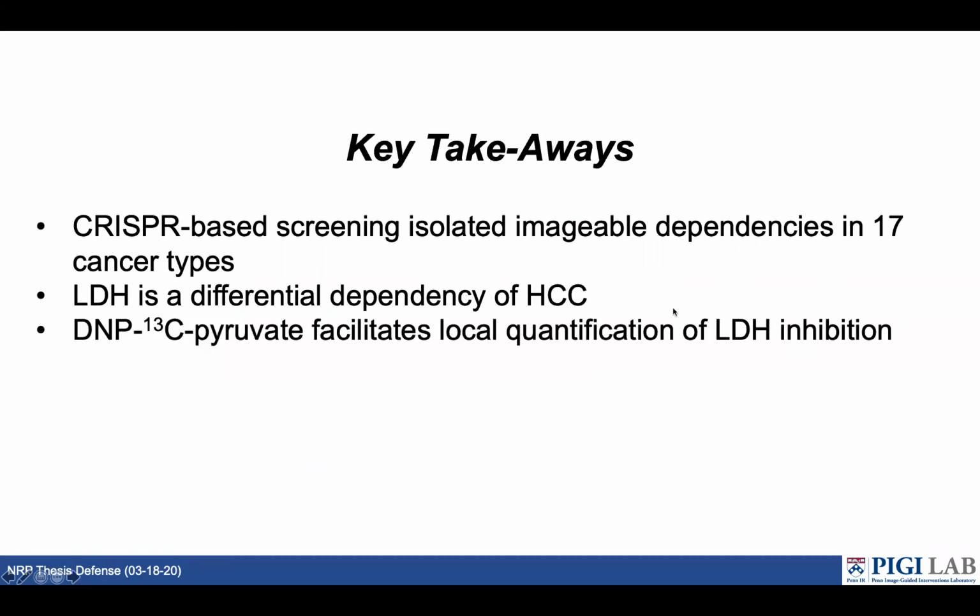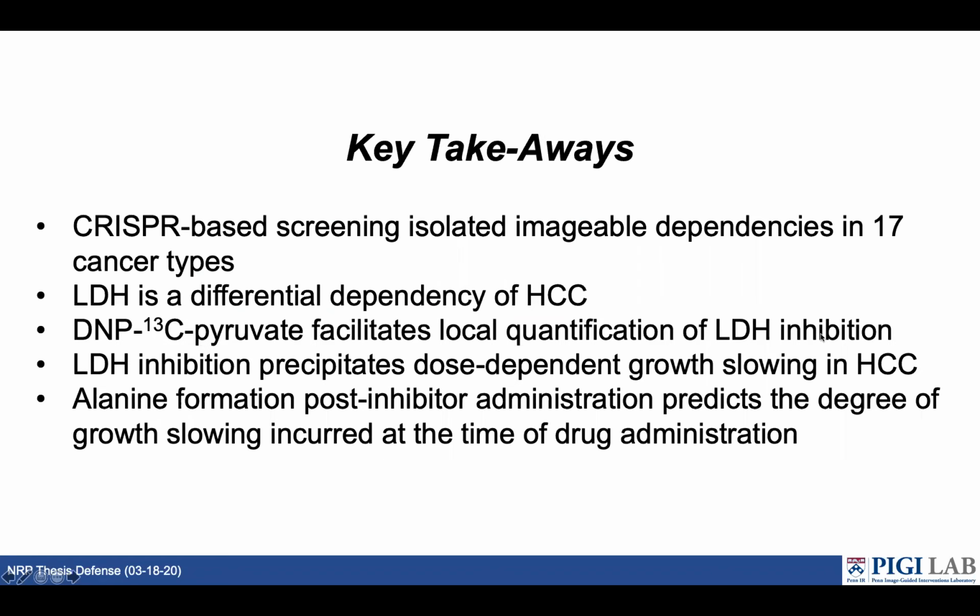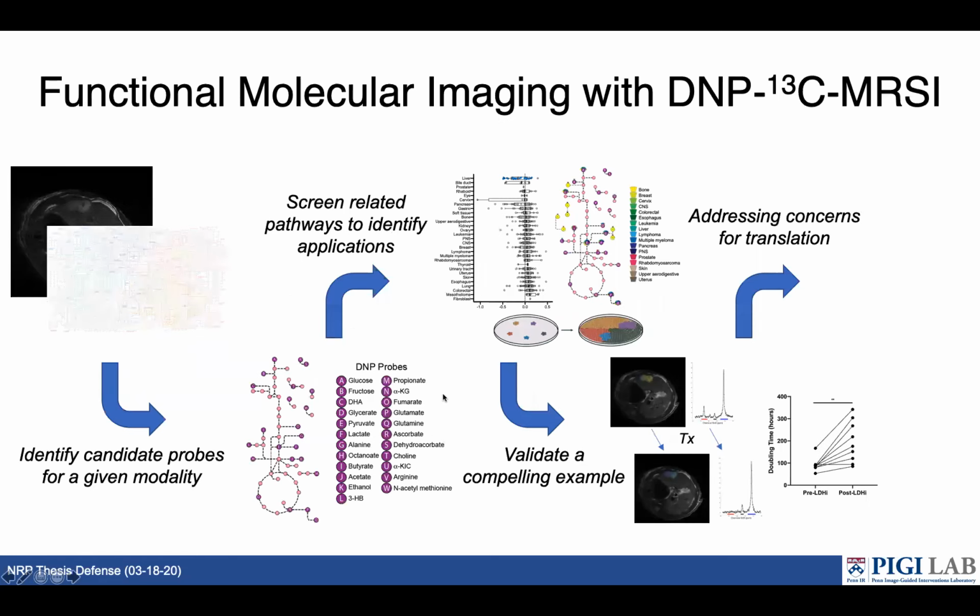DNP pyruvate helped to facilitate local quantification of that inhibition. And this precipitated a dose-dependent growth slowing in the cancer. And ultimately, alanine formation after giving the inhibitor predicted the degree of growth slowing at the time that we gave the drug. So the next piece of this project was to address concerns for translation.